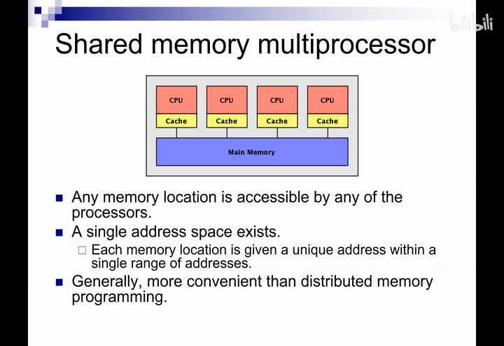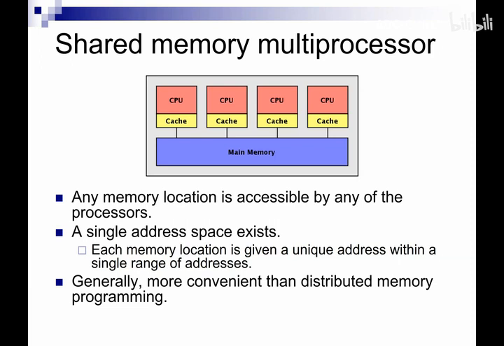Another advantage is that shared memory systems tend to be of a smaller scale than distributed memory systems. For distributed memory, you could have a gigantic system with thousands or even millions of cores, whereas for shared memory systems, usually you have far fewer processors.